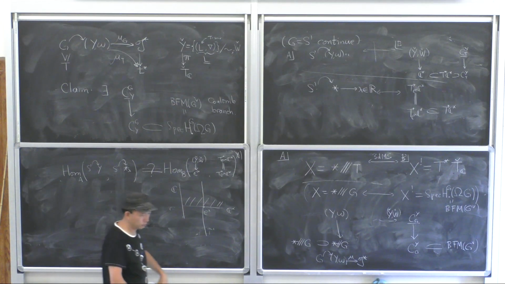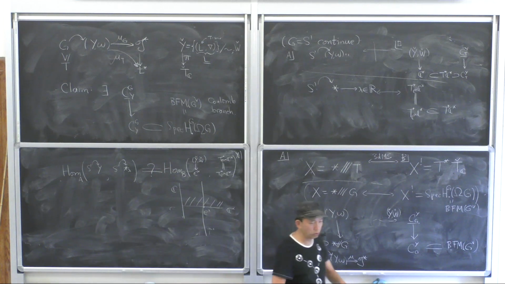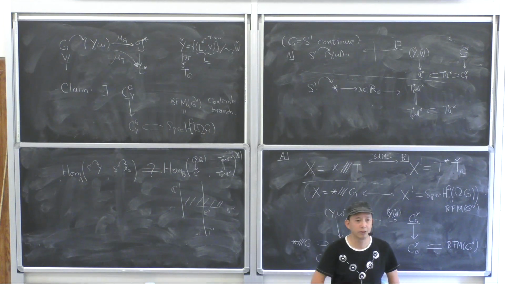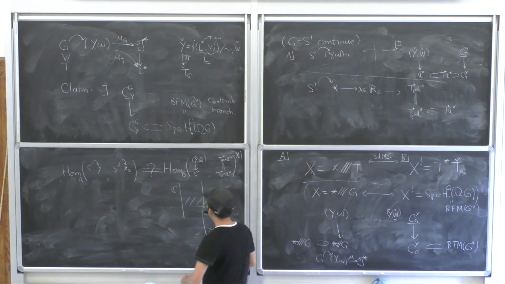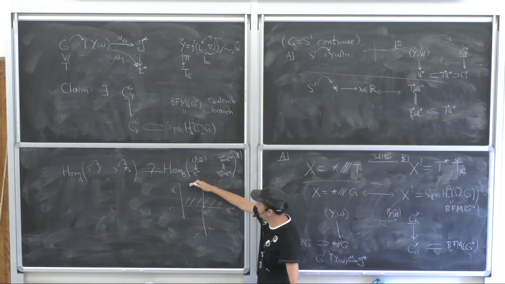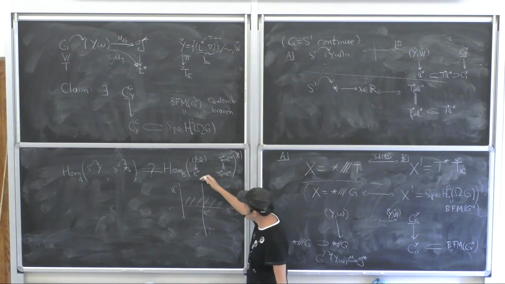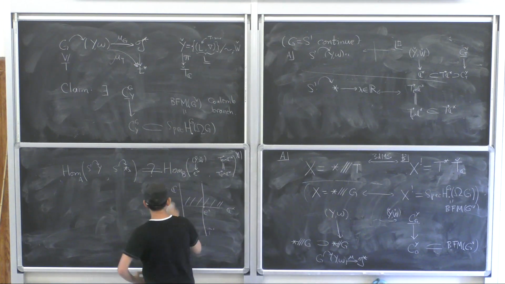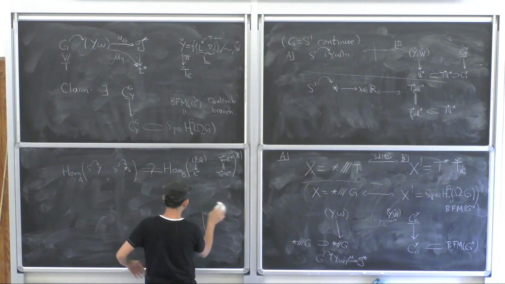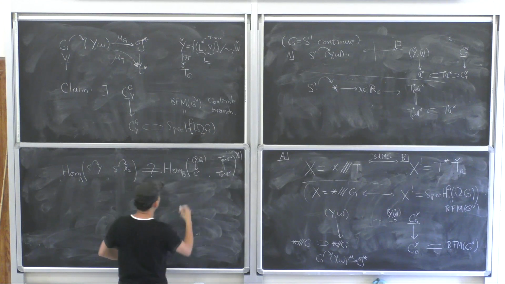So whatever the definition of the Hom is, it is an intersection theory. It is an intersection of two Lagrangians inside. Of course, on the right hand side, it's easy to see what the intersection is. They only intersect at a point basically. So the right hand side is just the intersection at a point.